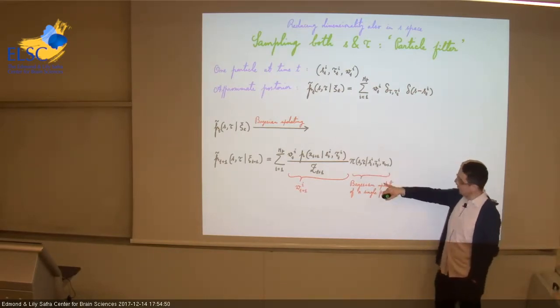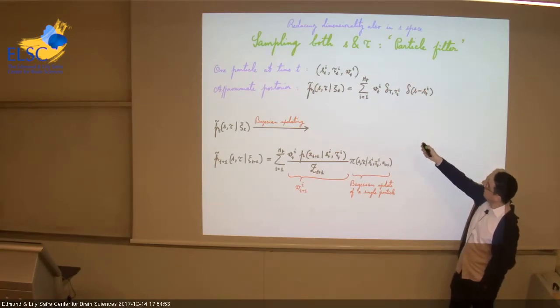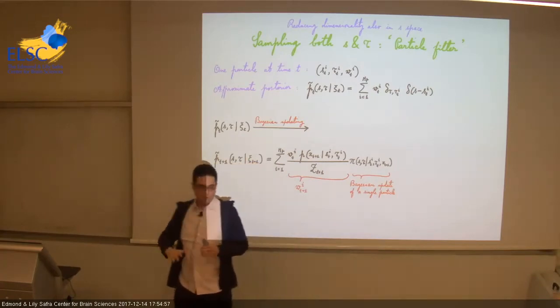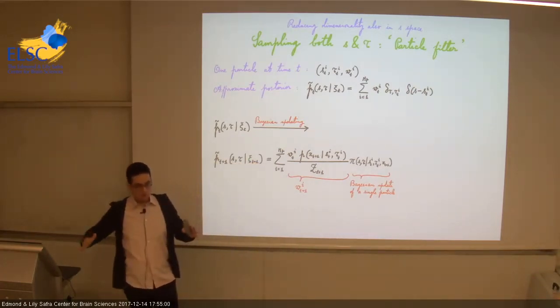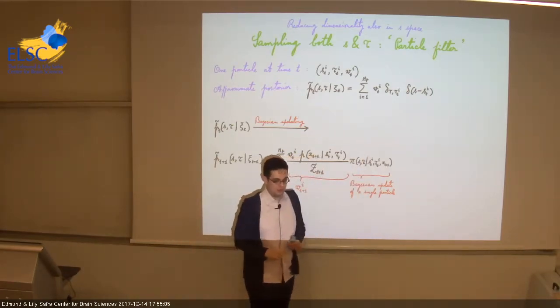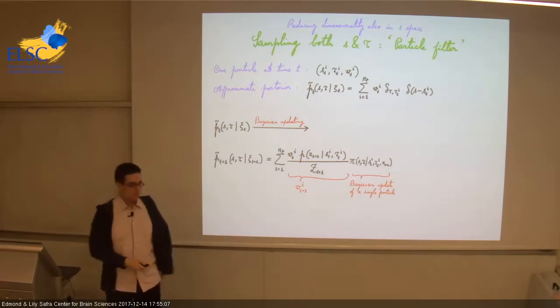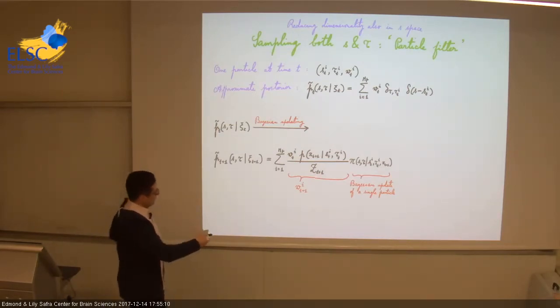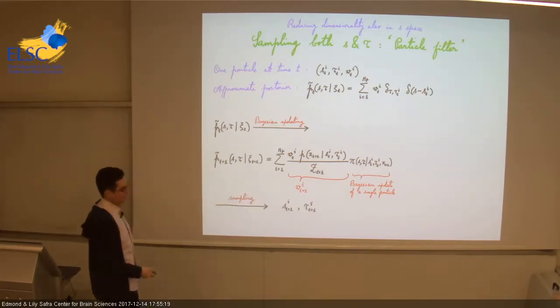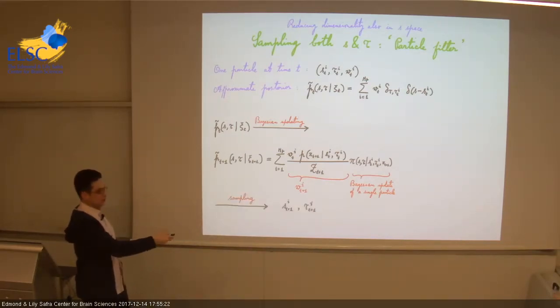So this has a simple interpretation, and what happens is this particle either stays there or jumps. Now, if it jumps, there's a continuous transition probability. So this thing has a delta peak and a smeared part, which is continuous. Okay? So then it's easy to interpret this number as a new weight. And in order to force your probability distribution back into the form of a sum of delta functions, you can just sample a new particle from this distribution.